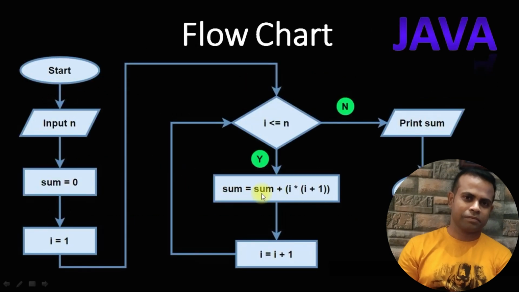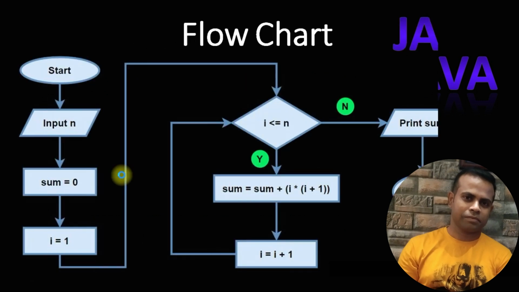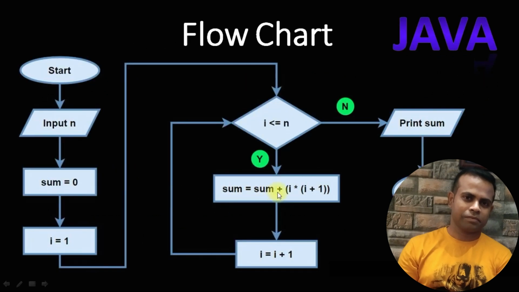Sum is equal to sum, meaning the previous value, plus I into I plus 1. So sum equals sum plus I into I plus 1.